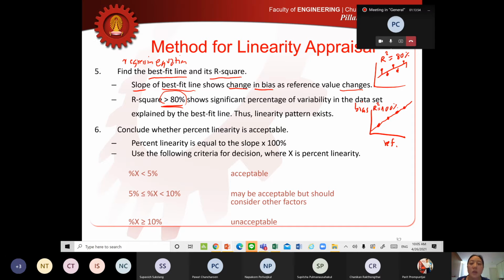And then we can conclude that this equation, this relationship line, can explain the variation in the actual data pretty well. And then we can accept that line to be the line that represents the relationship between the bias and reference value.